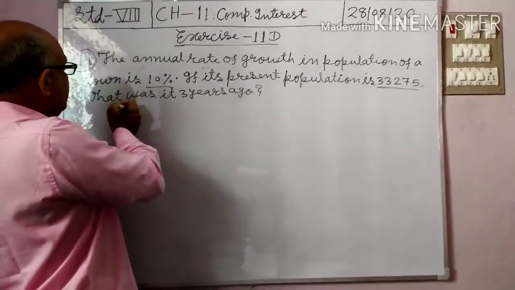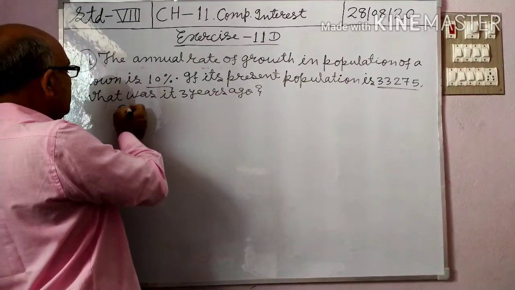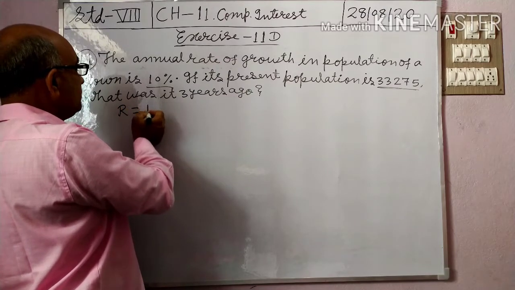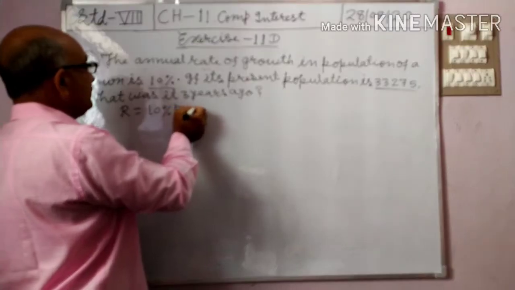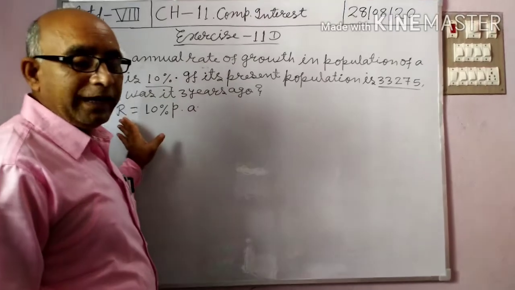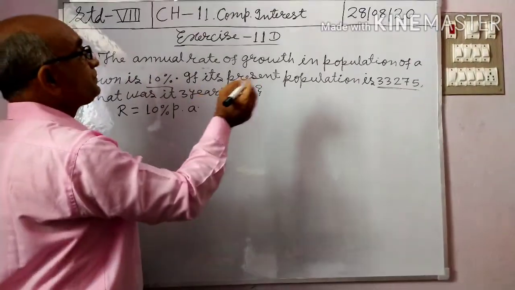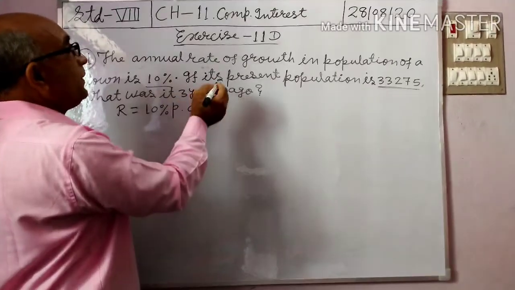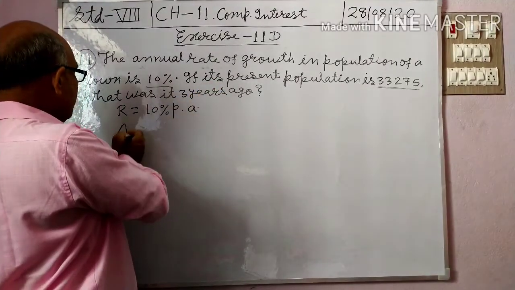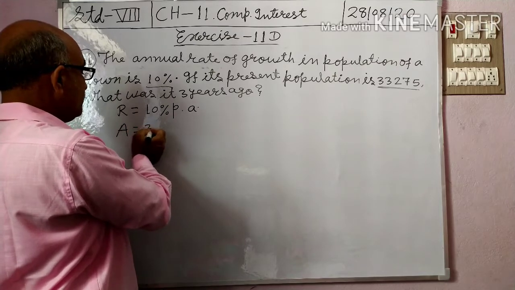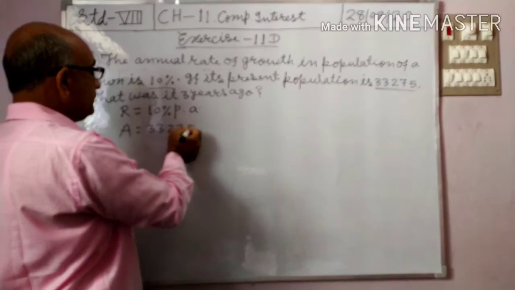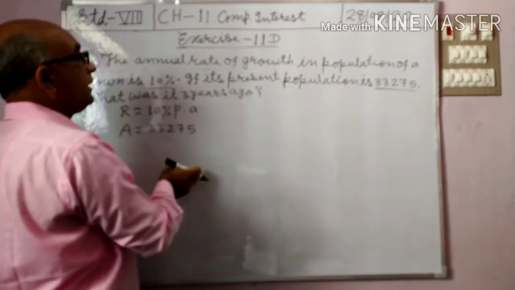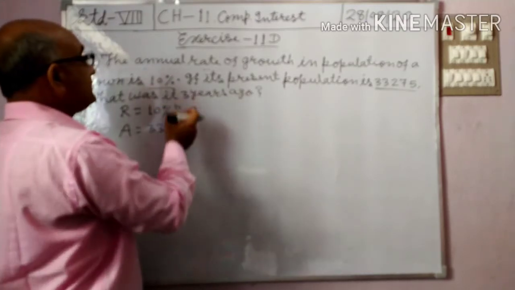Here annual rate R equal to 10% per annum. If its present population, that means A equal to 33,275. What was it 3 years ago?